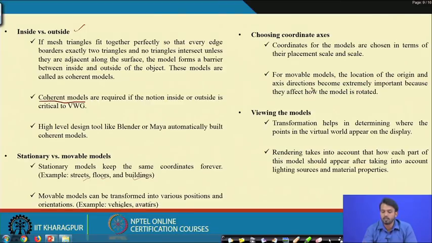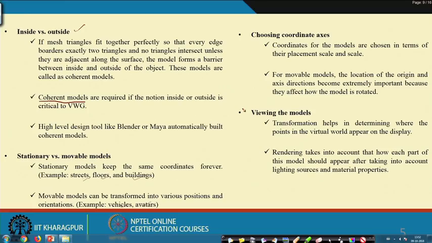For static models, their placement and scaling are very important, because in replicating the real world, the static and movable models should look like the exact components present in the real world, so that the user can feel immersed in that virtual environment. For movable models, the origin and axis direction decide how the model is translated and how it is rotated.